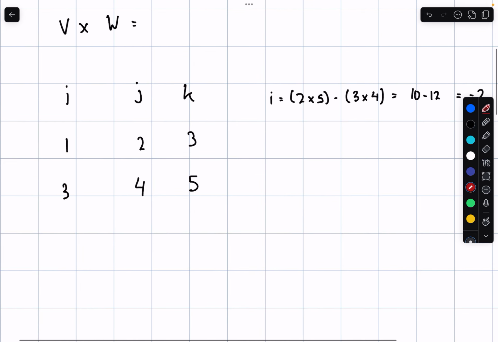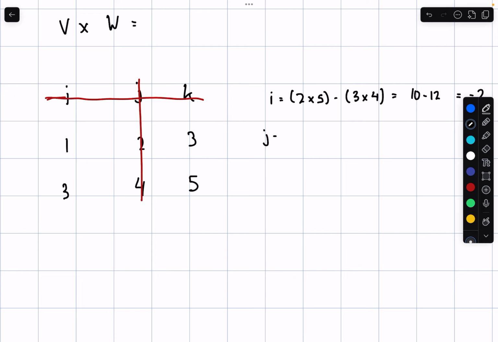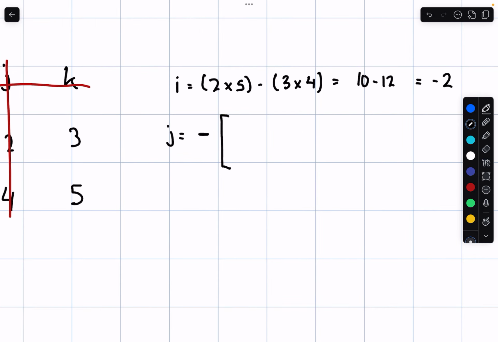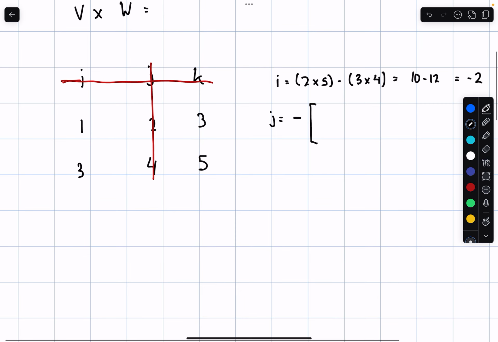Doing j is very similar. We cross out the row that j is in, cross out the column that j is in. The only thing that's different, and this is very important to remember, is that j has a negative sign at the front. But other than that, everything else is the exact same. So we've crossed out the column and row that j is in, and we look at what's left.